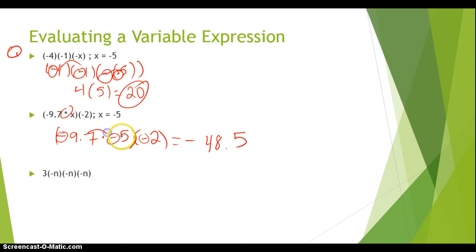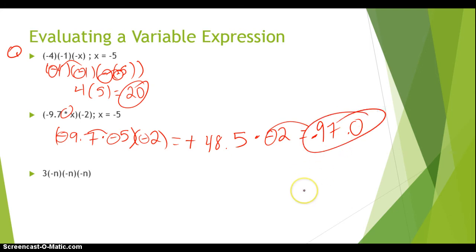When you do a negative times a negative here, that is a positive to start out. Then you multiply that by negative 2. What I would do here is multiply by 2, so you get 97.0 here, and it's a negative. There's a negative on the 2. It's an odd number of negatives right there, so it's negative 97.0.